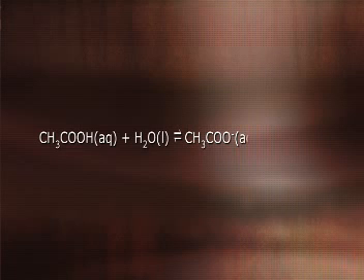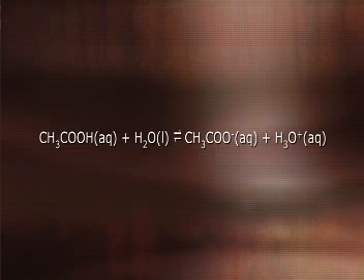A shift in equilibrium that suppresses the ionization of the acetic acid occurs because of the acetate ions from the sodium acetate. Acetate ion is considered the common ion because it is supplied by both acetic acid and sodium acetate.